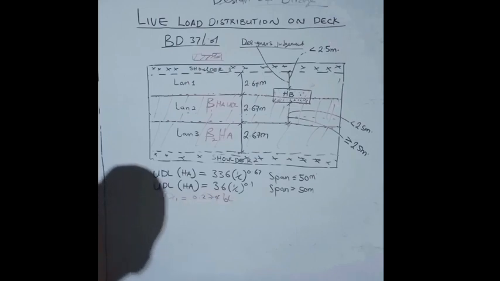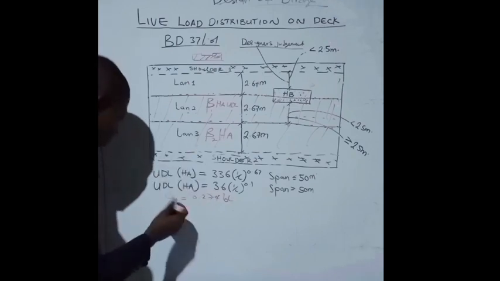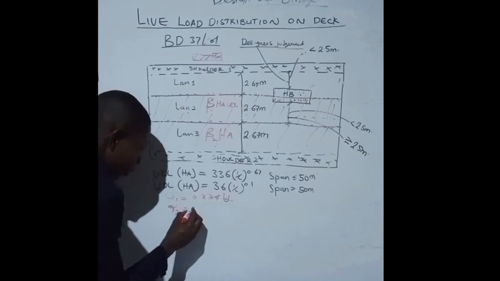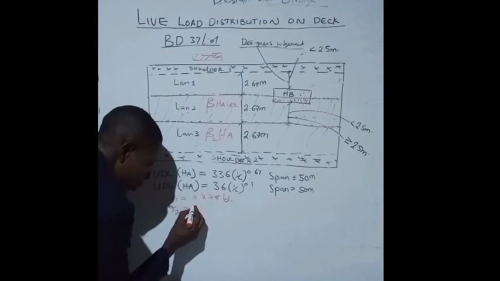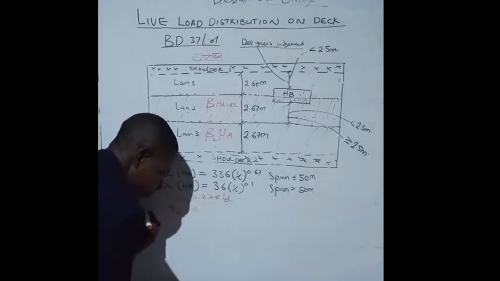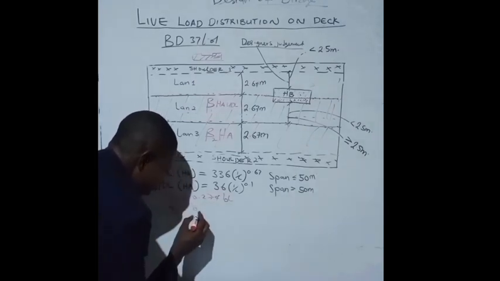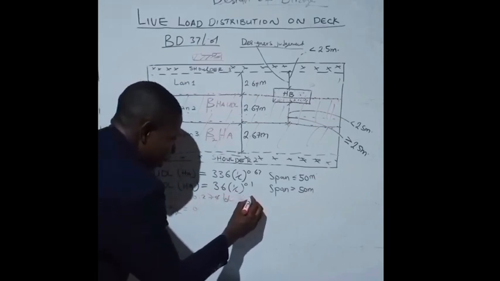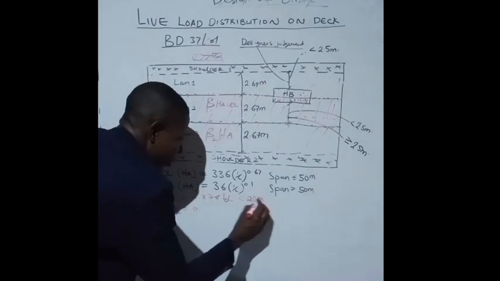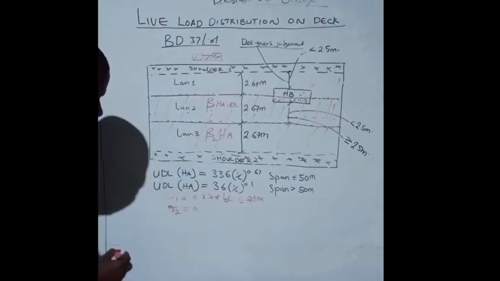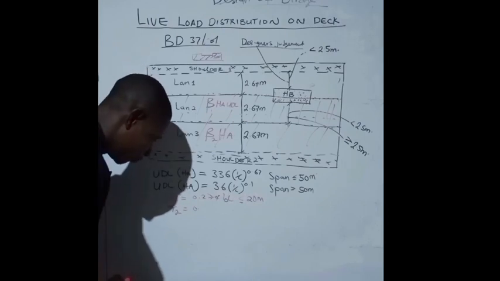Now, alpha 2, under beta 2, we have alpha 2, and alpha 2 is 0. What? That is for a span lesser than 20 meters. Take note, for a span that is lesser or equal to 20 meters, then we'll have alpha 2.